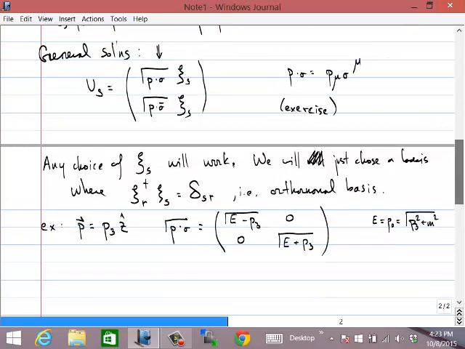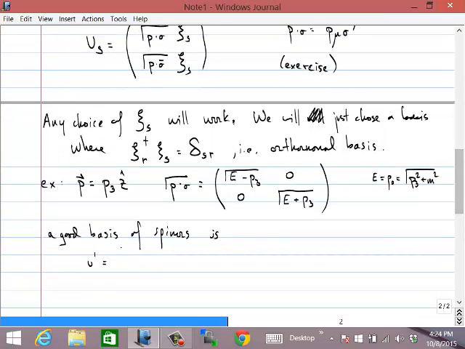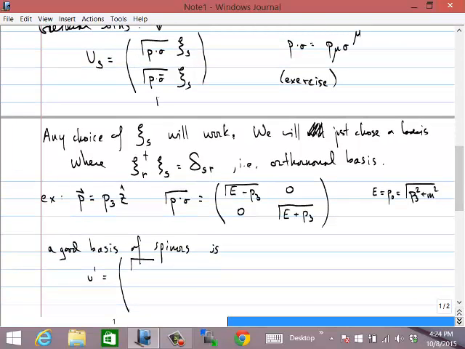And so then this basis that I've written down above would be given by, for example, say U1, which would be a spinor. So all I do is I just take these matrices here, and let's act on the spinors zeta 1 and zeta 2, which are (1, 0) and (0, 1).